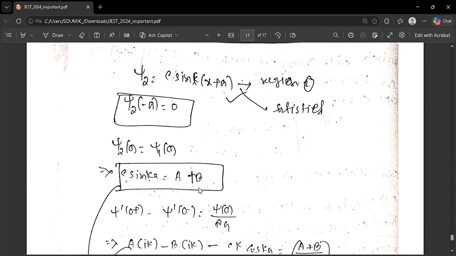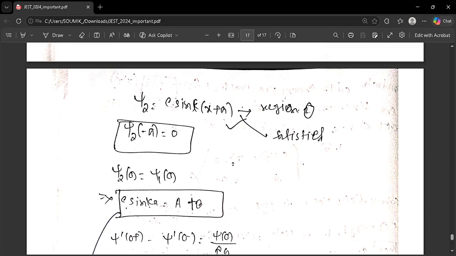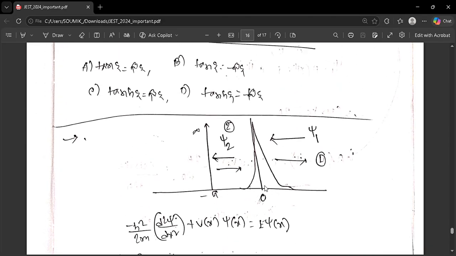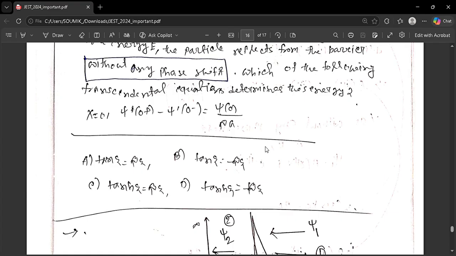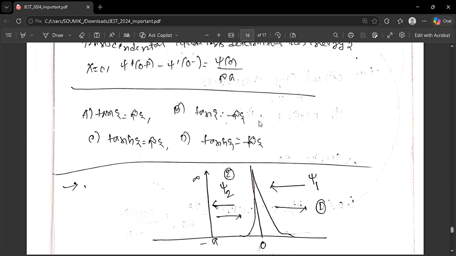From this equation I get this, and we know that at x equals 0, for a delta function potential, the first derivative of the wave function is discontinuous. From that limit we can find this boundary value.